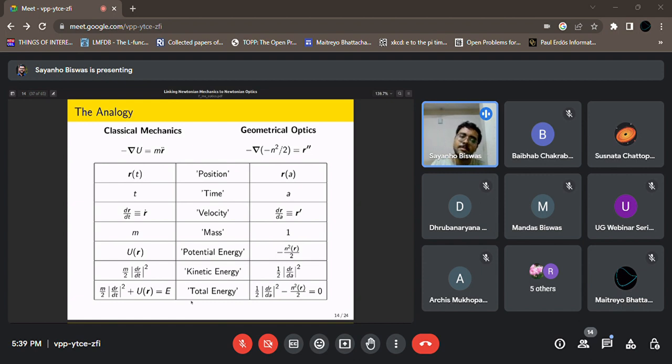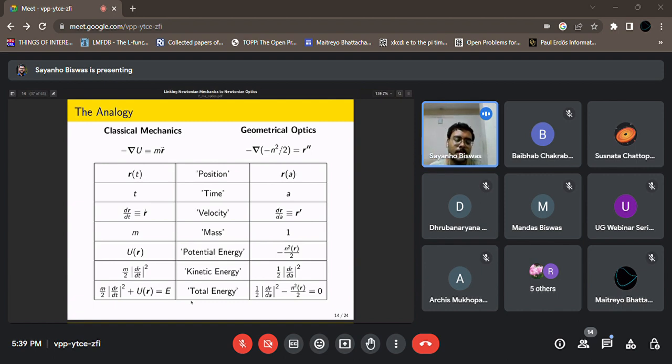Therefore n squared is also spatially dependent. Kinetic energy is of course half m v squared, as we all know in classical mechanics. We exactly apply whatever mass, v, and time we obtained from the above analogies, and we get an expression for quote unquote kinetic energy.